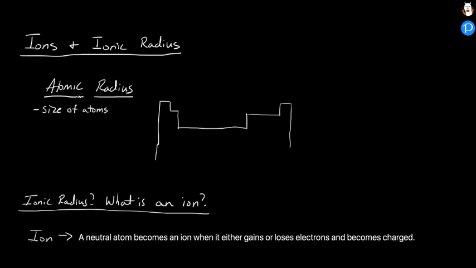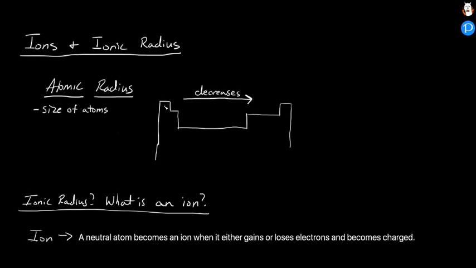We saw that in general, as we work our way across the periodic table, here's my general outline of the periodic table, not drawn to scale, obviously, the atomic radius of atoms generally decreases as we move across a period.